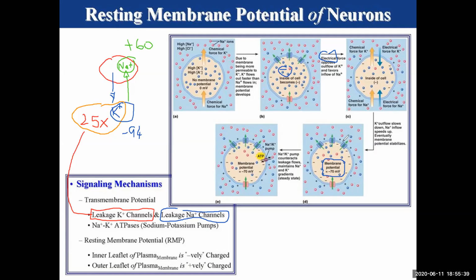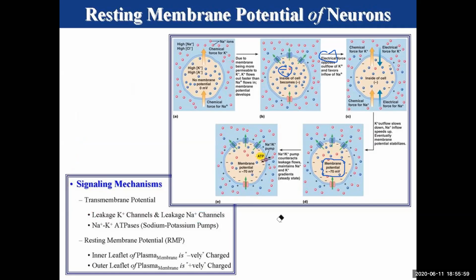Now, if you left this cell like this forever, that membrane potential of minus 70 millivolts would dissipate, because ultimately the concentrations become equal inside and outside for both potassium and sodium, and the membrane potential will become zero.